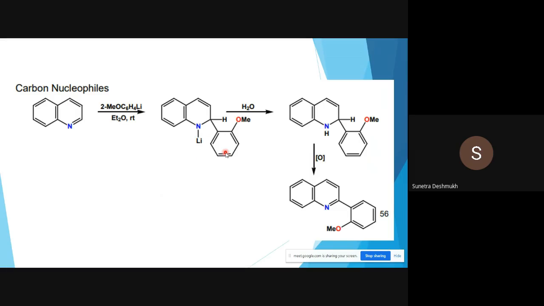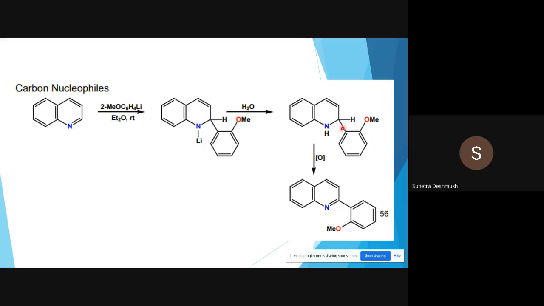So this type of intermediate we got, on hydrolysis lithium hydroxide is eliminated and an N-H bond is created over here, and on oxidation we have to remove both of these hydrogens. That is, this compound undergoes the oxidation reaction.